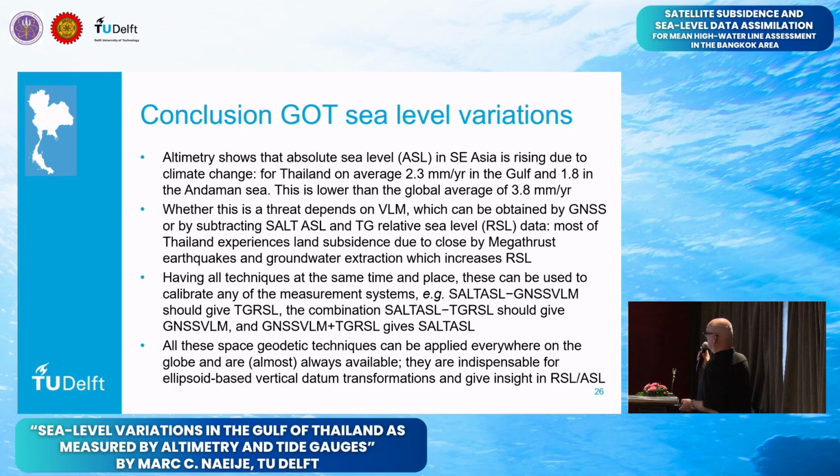And it is interesting to conclude that it is lower than the global average of 3.8 millimeters per year. And I recall from our earlier study, 10 years ago, that it was the other way around, that the average was around 3 millimeters per year, and in the Gulf it would be something like 4 or 5 millimeters per year.